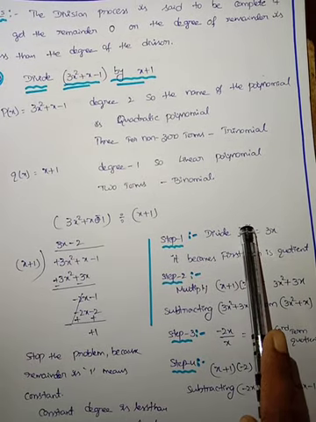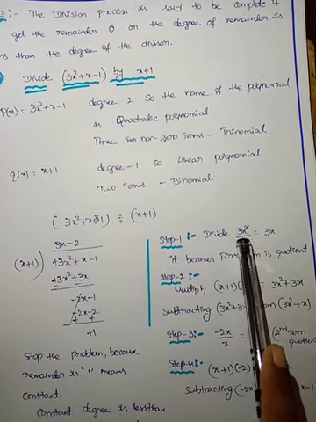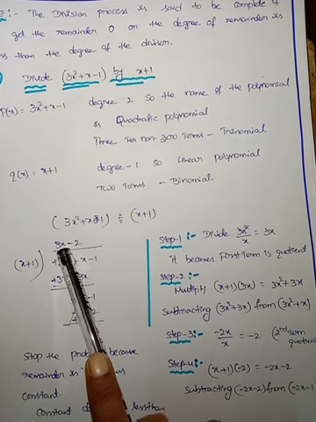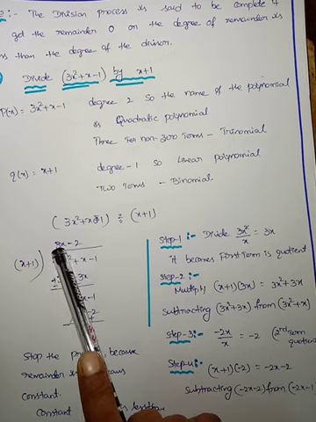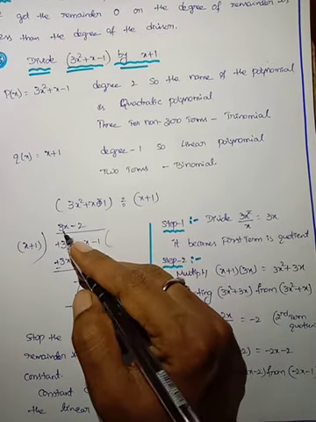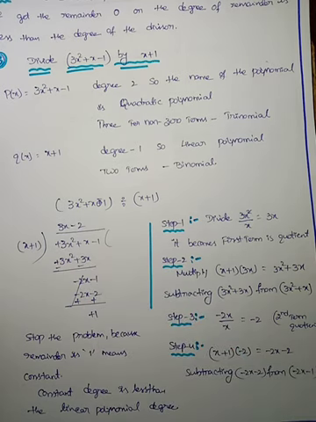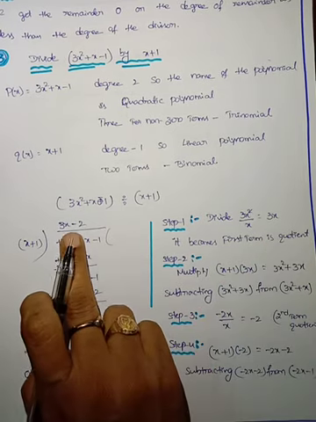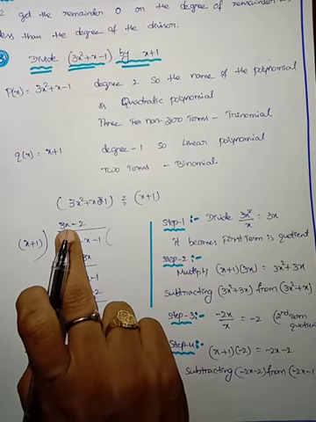So x square divided by x is x. One x is cancelled, which means 3x. This is the first term of the quotient. I am writing it on top of the dividend. You can write in these brackets or on top of the dividend, in whichever place you prefer, no problem. So this is the first term, 3x.